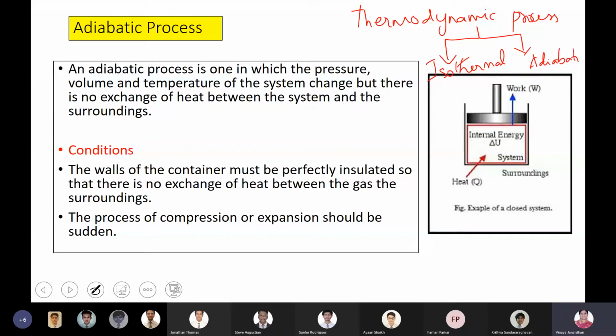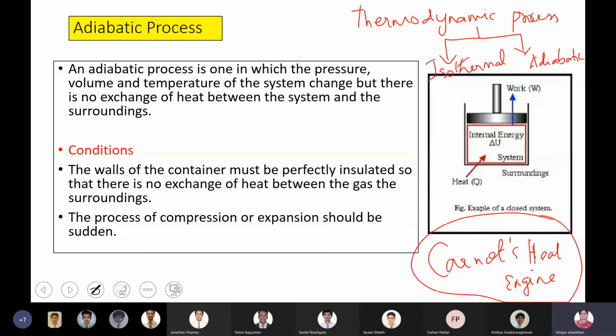And here, you will know what we call Carnot's heat engine. This is an ideal heat engine. Carnot's heat engine is a very important application. If you want to learn all about heat engines, you have to learn about Carnot's heat engine.